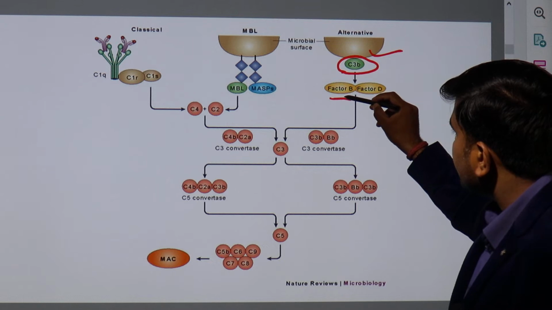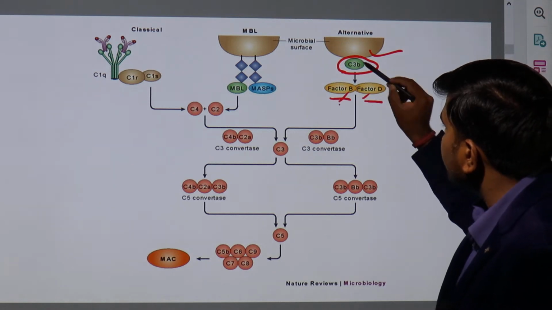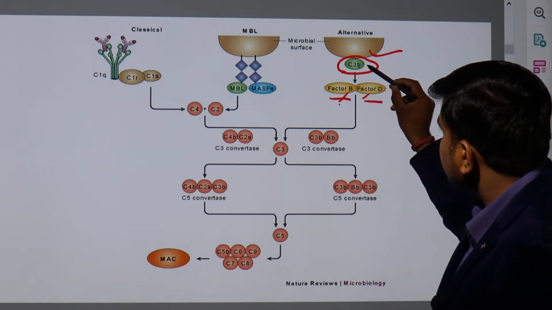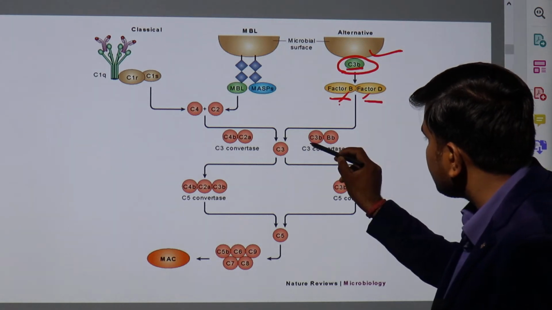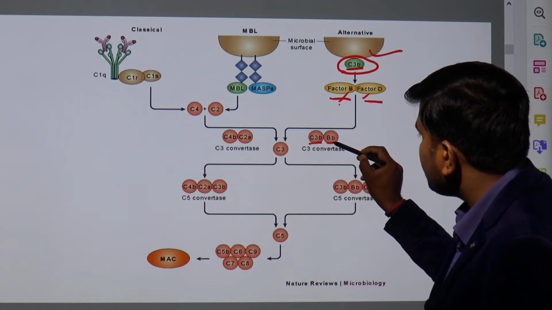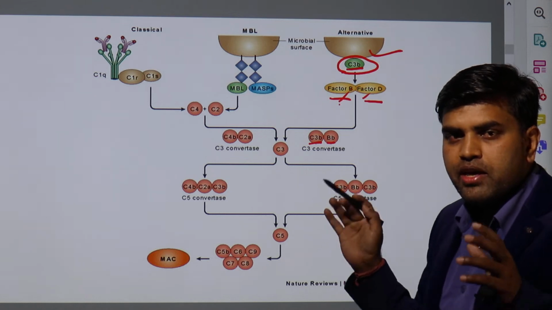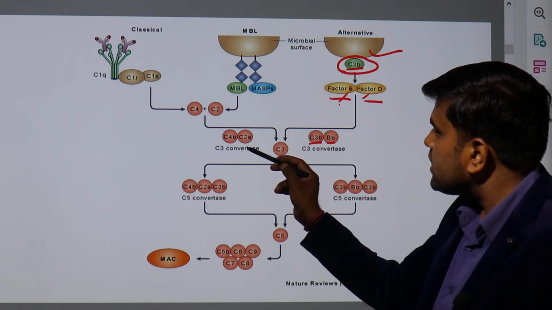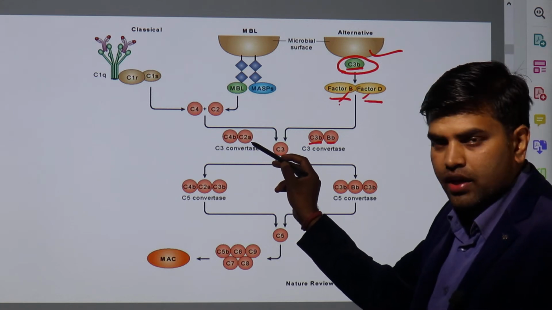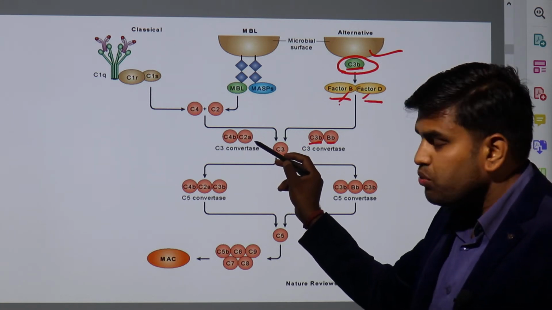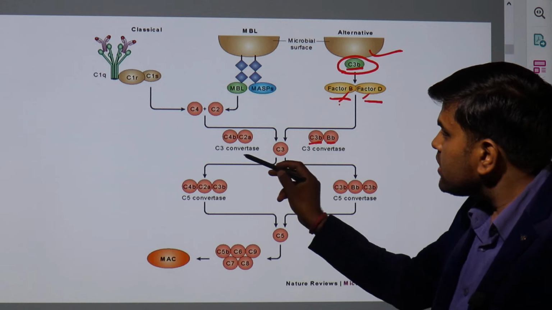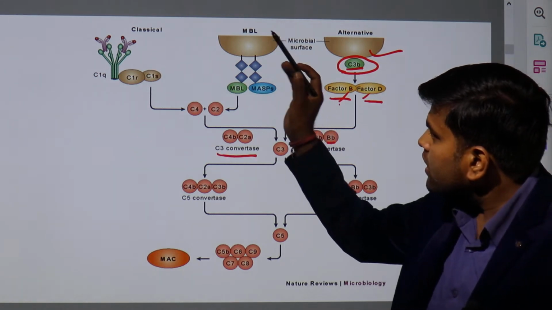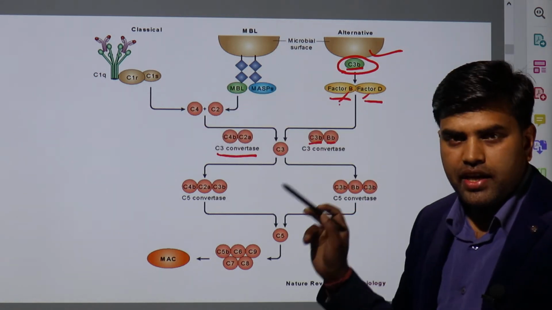So once factor B and D come, this factor B will go and attach over there. So this C3b and factor B, that is big B and small b, will form a C3 convertase. You have to remember the initial C3 convertase was C4b 2a. So C4b C2a is the C3 convertase for the classical pathway and mannose binding lectin pathway.